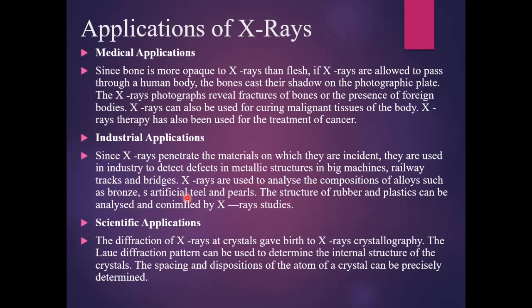The X-ray photograph reveals the fracture or the presence of foreign bodies. X-rays can also be used for curing malignant tissues of the body. X-ray therapy has also been used for the treatment of cancer. So these are the three main applications in medicine.